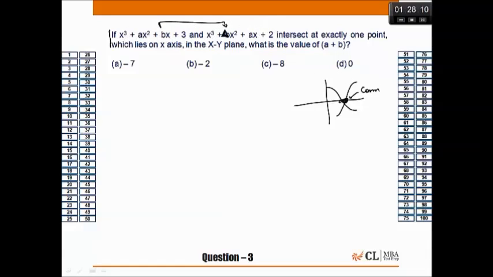So if I equate that, x cube will get cancelled. I get (a minus b) times x square minus (a minus b) times x plus 1 equal to 0. Then what is it that I need to find? I need to find a plus b. I'll probably get a minus b. Oh, this is bad. Okay, 3 later.